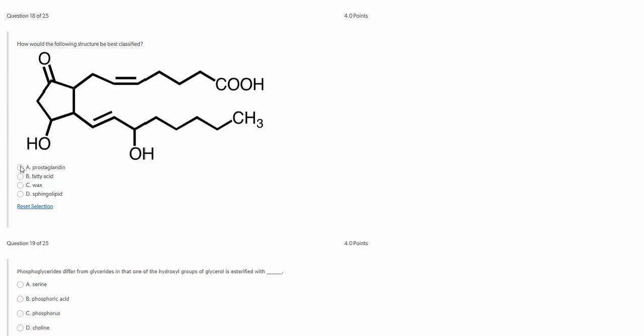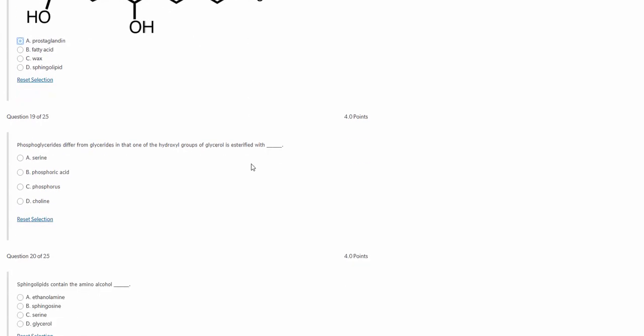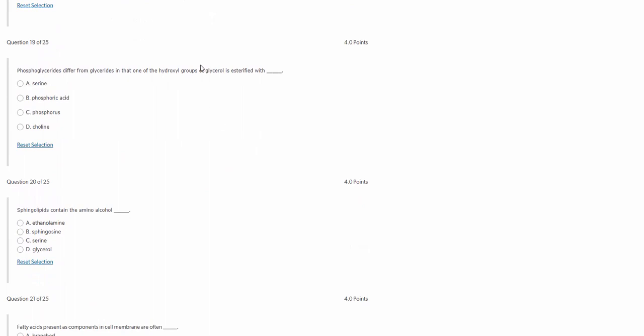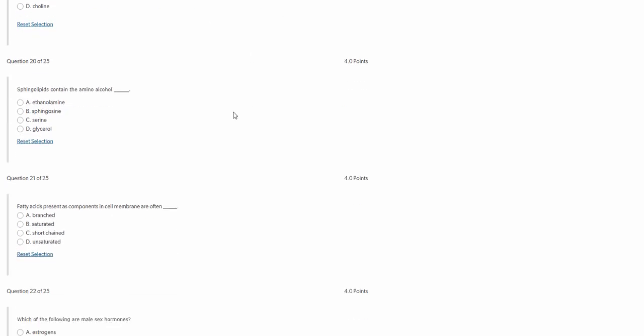That is a prostaglandin. Number 19, phosphoglycerides differ from glycerides in that one of the hydroxyl groups of glycerol is esterified with phosphoric acid. That's where the phospho comes from. Number 20, sphingolipids contain the amino alcohol sphingosine.